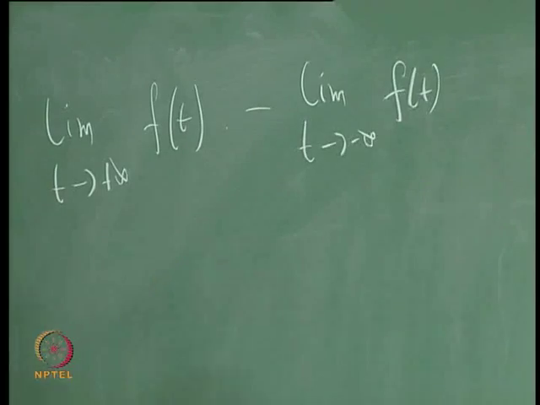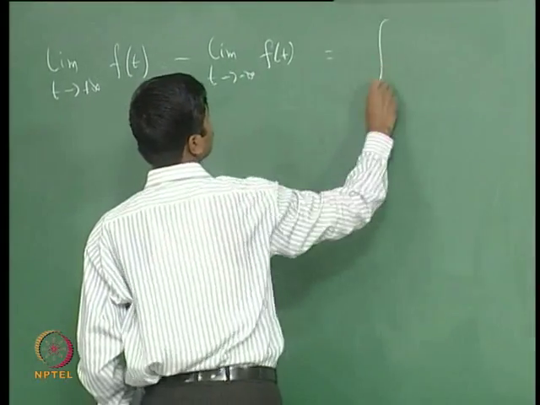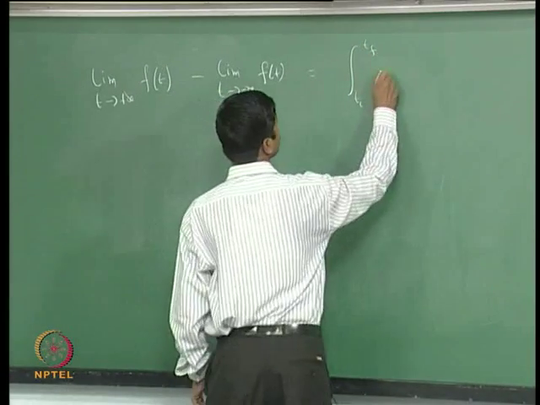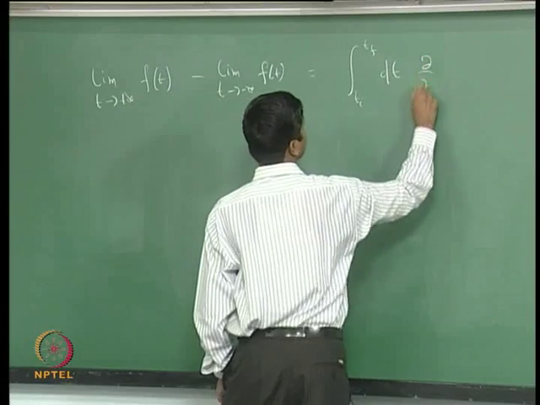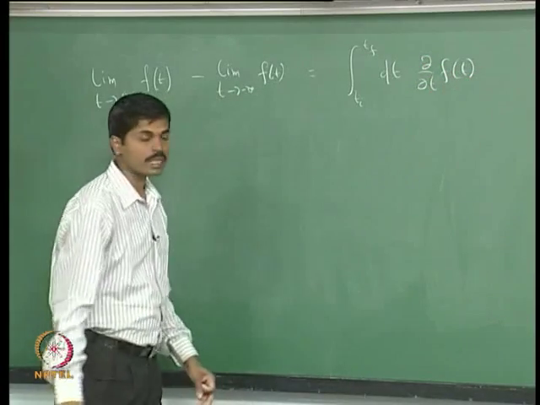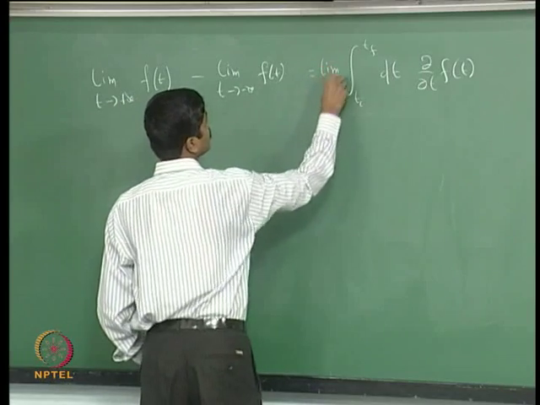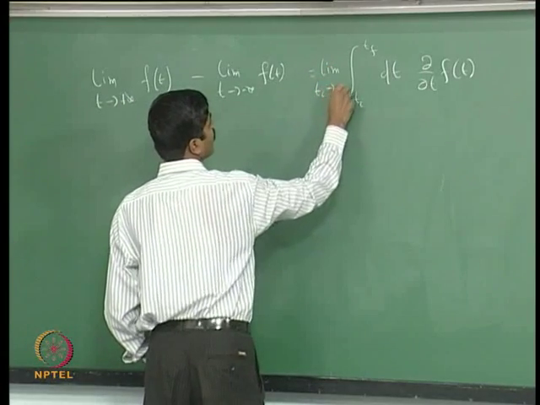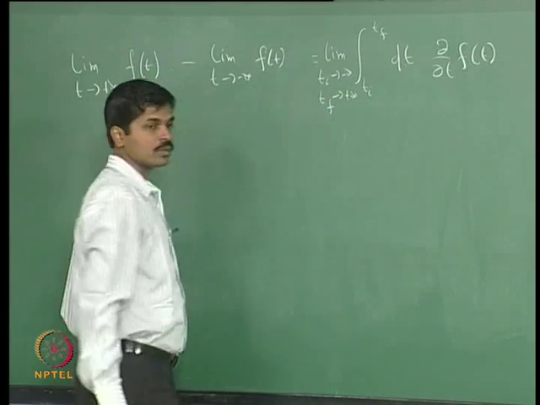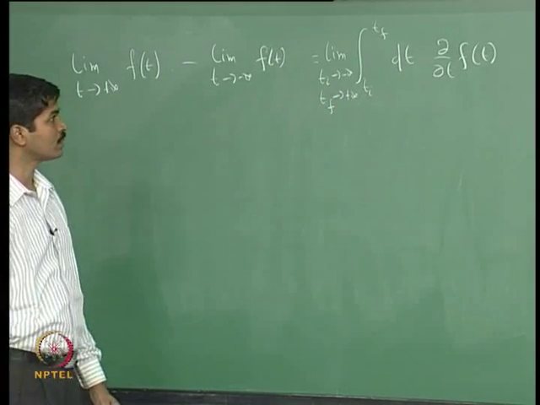What you get here is the integration from t i to t f of dt del over del t of f of t, in the limit t i goes to minus infinity, t f goes to plus infinity.